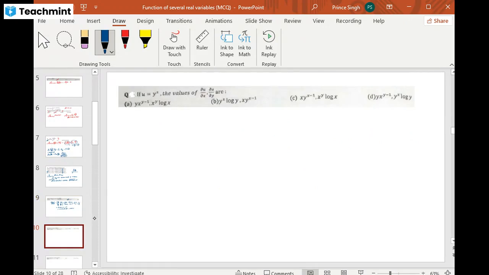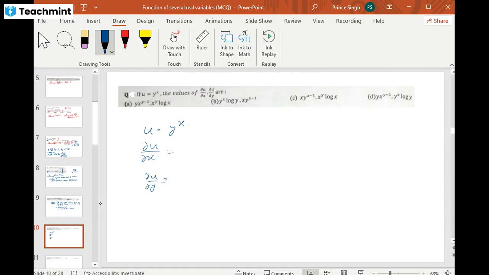Okay, so the next question is based on the partial derivative. We are given u as a function of x and y, and we need to find the partial derivative with respect to x and y both. We know that if we differentiate with respect to x, then we treat y as a constant, and when we differentiate with respect to y, then we treat x as a constant.